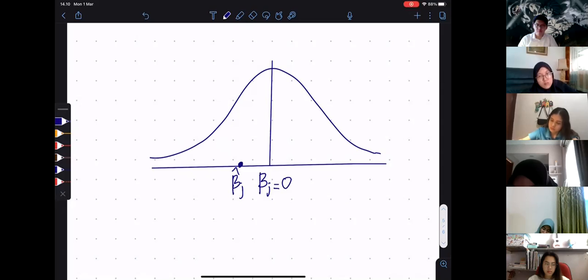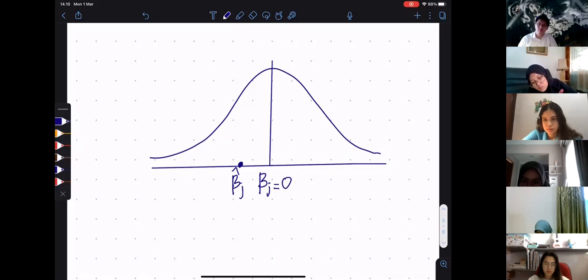Again, given the assumed distribution under the null hypothesis, we want to know whether beta hat j is unlikely, in which case we reject the null hypothesis, or it's actually very likely, in which case we do not reject the null hypothesis. So that's the idea behind hypothesis testing.